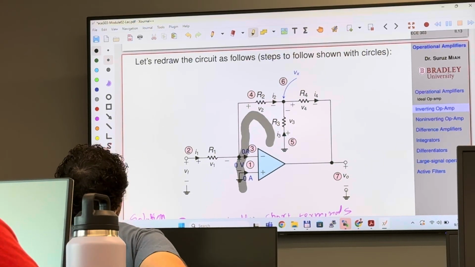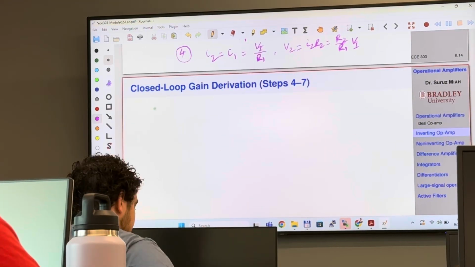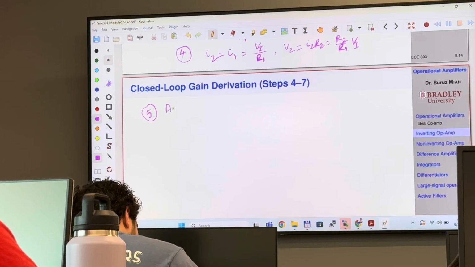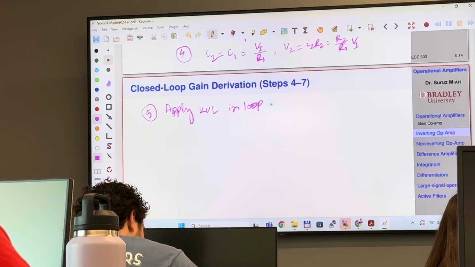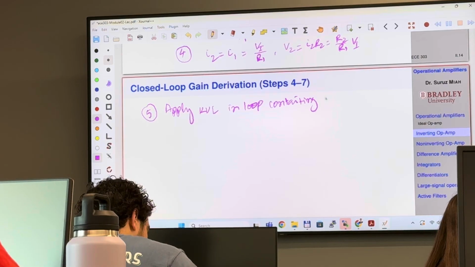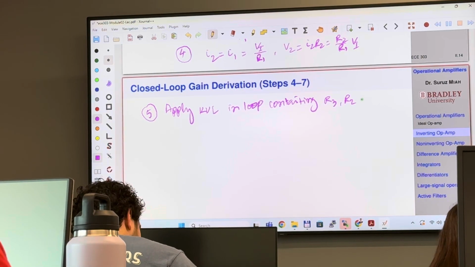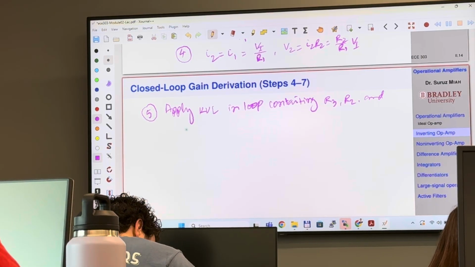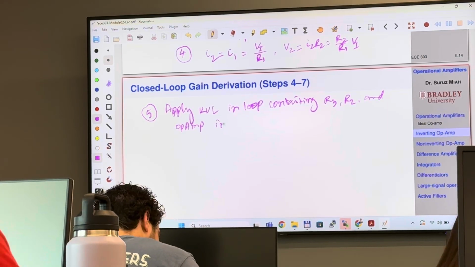Right? So, step 5. KVL in the loop containing R3, R2, and the op-amp input terminals.